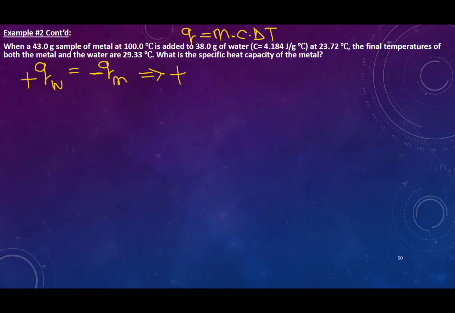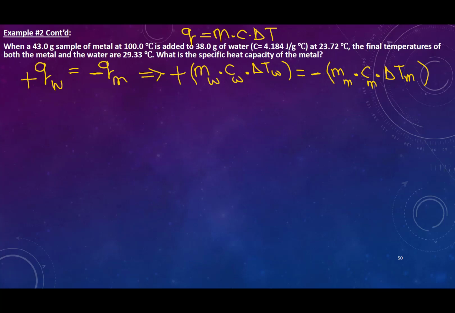Then for water, it's plus mass of water times specific heat capacity of water times delta T for water, right? Which is equal to negative mass of metal times the specific heat capacity of metal times change in temperature for metal. Okay.